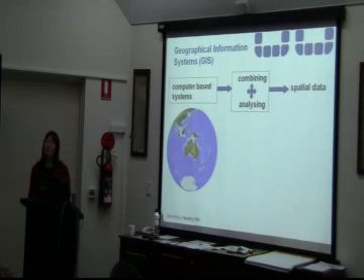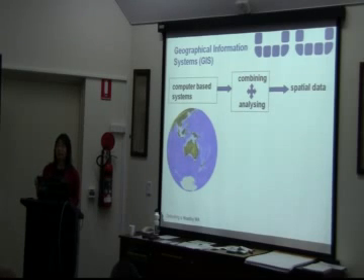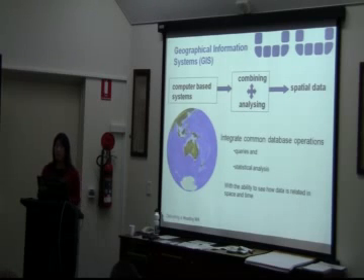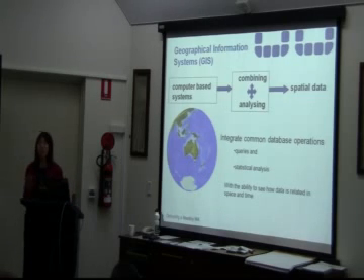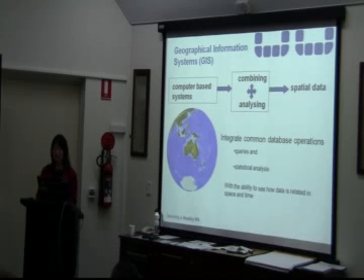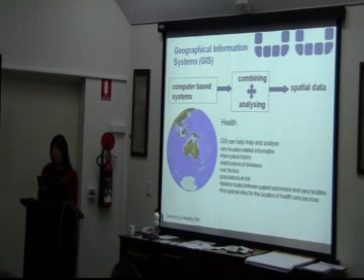GIS just stands for Geographic Information Systems. It is a computer-based system that combines and analyzes spatial data. So GIS can integrate common database operations such as queries and statistical analysis with the ability to see how data is related to space and time. Consequently, its applications are quite wide.